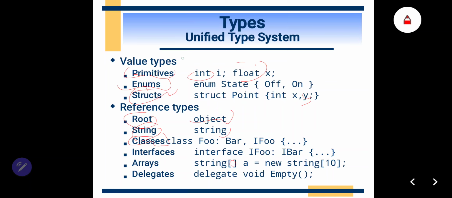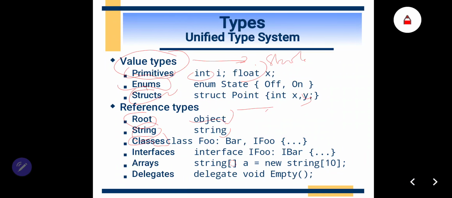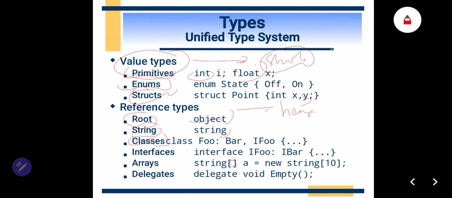Value types will be saved in the stack, and reference types will be saved in the heap. The stack is for short time and the heap is for long time.